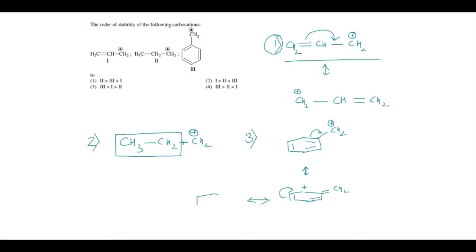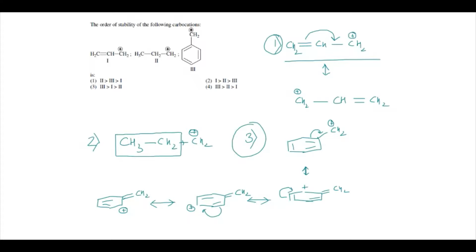So another resonance structure like this. The positive charge will come over here, and then again other pi electrons can move. So yes, this positive charge can rotate throughout this aromatic ring, and the sharing of the charge throughout the system is much more effective in case of option 3.